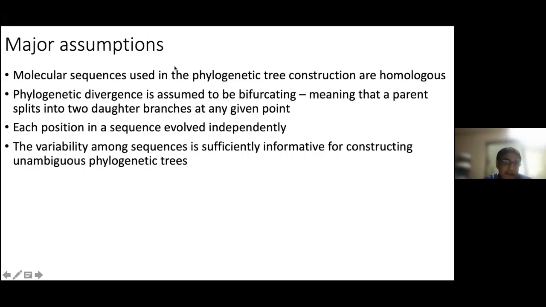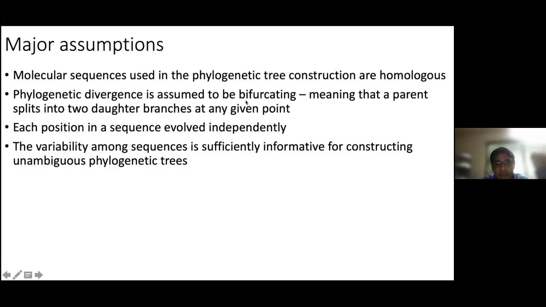And it has certain assumptions. For example, the sequences are homologous, meaning they came from the same ancestor. So when you're using molecular sequence data for phylogenetic tree construction, one of the assumptions is that they came from the same ancestor.